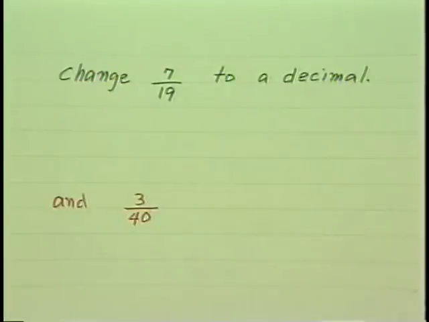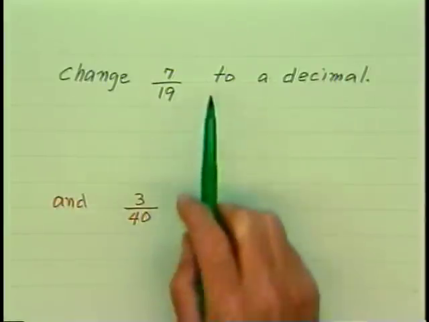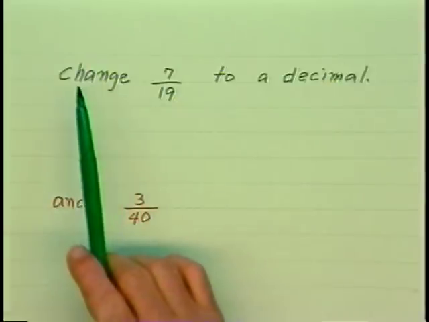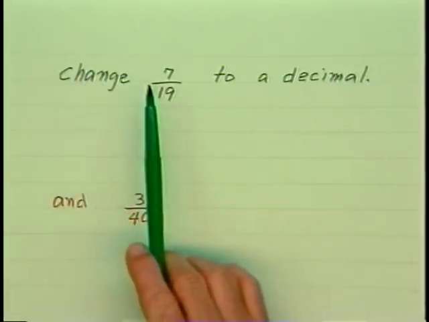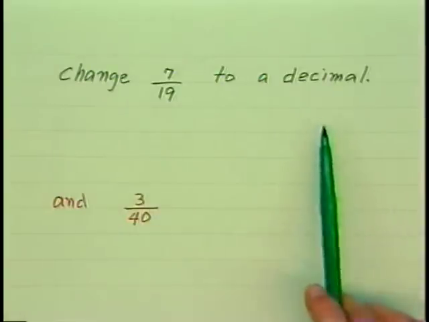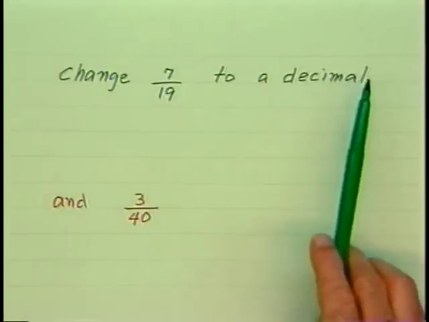Therefore, it is necessary that by the completion of this lesson you realize that to ask a simple question like changing a fraction, two of them here, into a decimal is not enough.